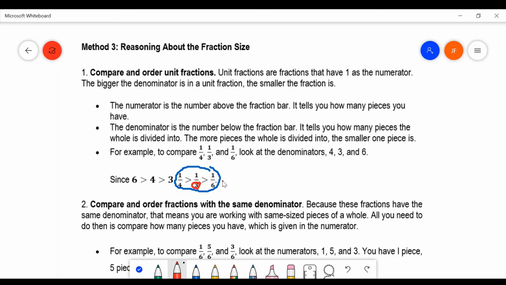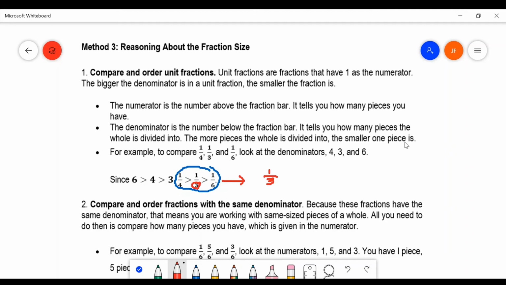Okay, this should be 1/3. But it states here that the more pieces the whole is divided into, the smaller one piece is.